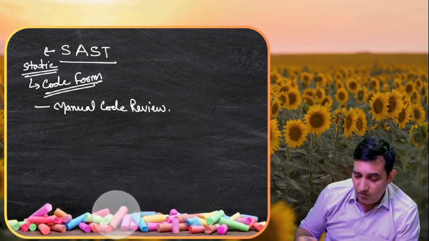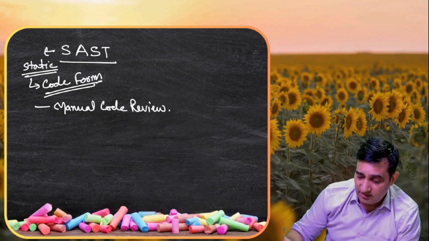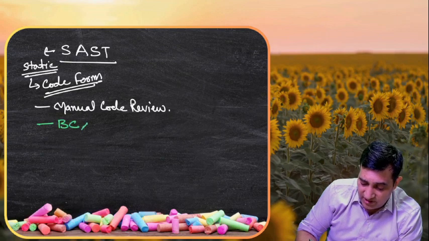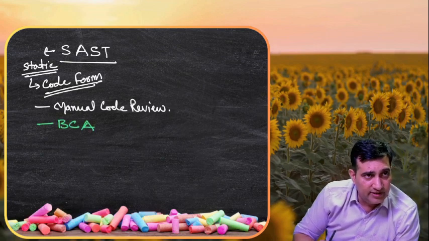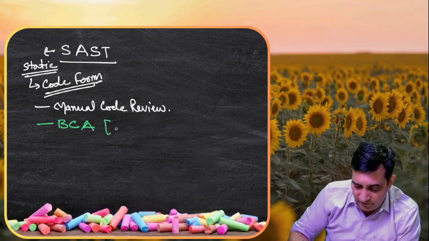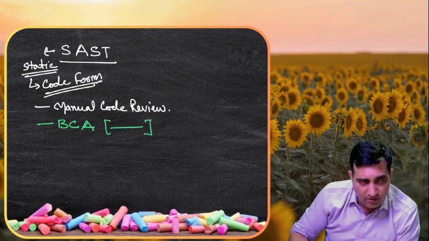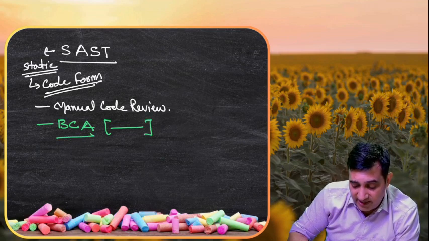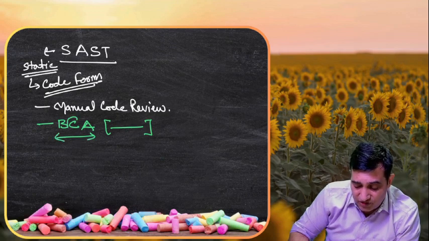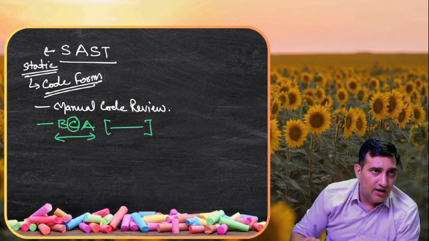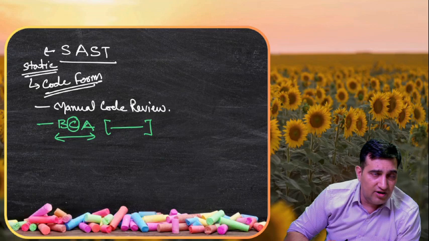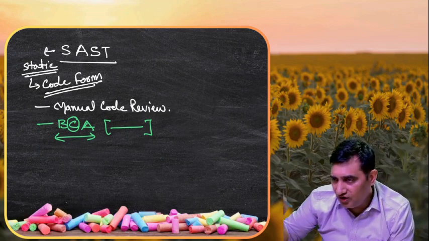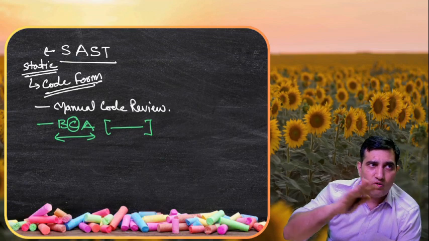Okay, under SAST, we also do something called binary composition analysis. So in this, once the code is ready or the pre-compiled version is ready, we actually go and see what is the composition of this particular software. How much percentage is developed, how much percentage uses pre-built code, how many open source libraries are there, and all of it.